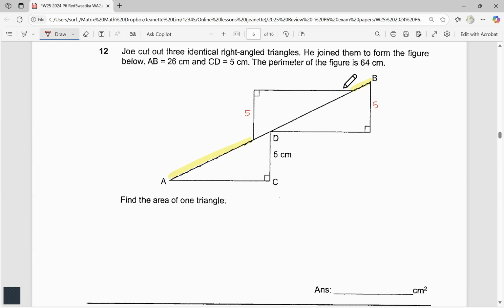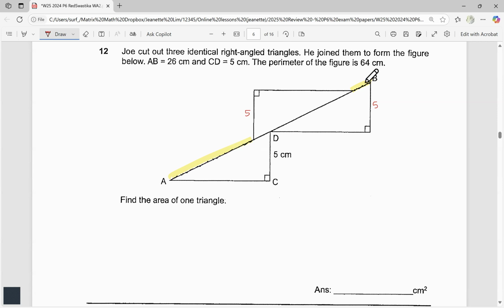If the whole thing is made up of 2 of the longest side, how can I find the yellow? Then I need to take away this part from 26. Do you know that this part is also one time the longest side of the triangle? If you look at this triangle here, this is actually the longest side. So technically, these 2 yellow parts will give me one time the longest side of the triangle.